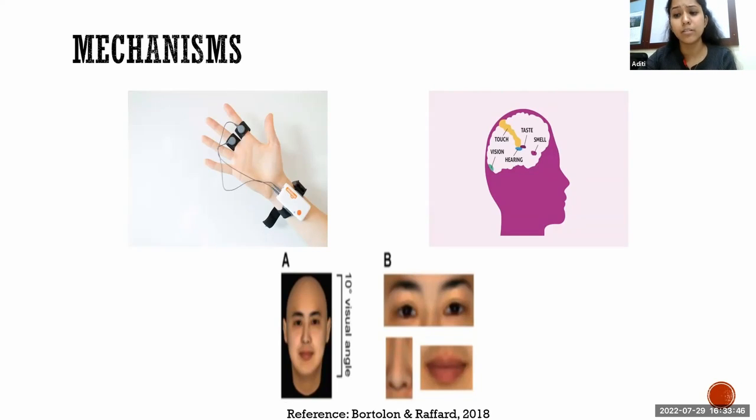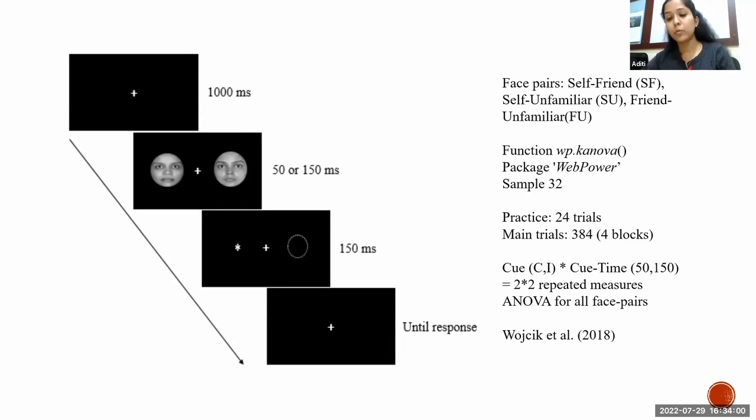However, there is another set of studies which have shown that self-faces can influence processing due to problems in disengagement of attention from the self-face when it is attended to. One way to tease apart the effect related to attentional capture versus disengagement is to use a dot probe task.